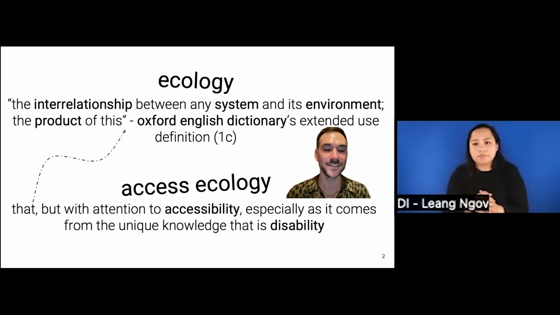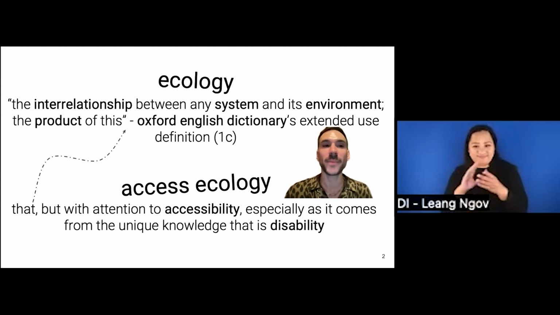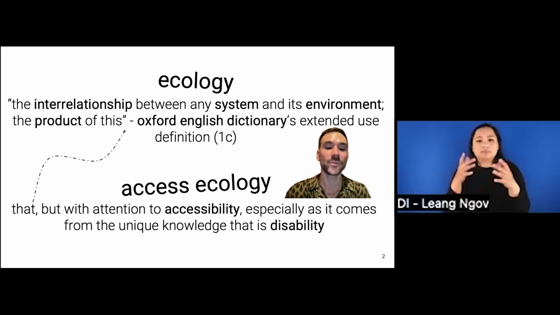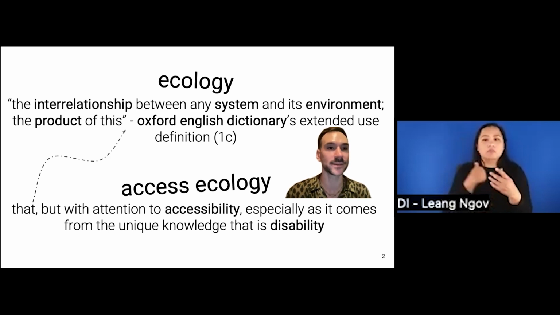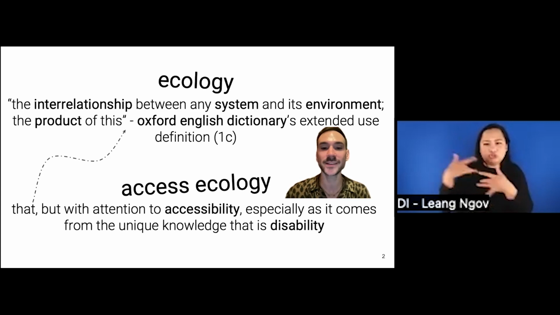This is Kevin speaking. And so an ecology is about an environment. An access ecology is no different from an ecology, except that we are bringing a specific set of concerns with us, namely the knowledge we hold from our experiences of ableism.